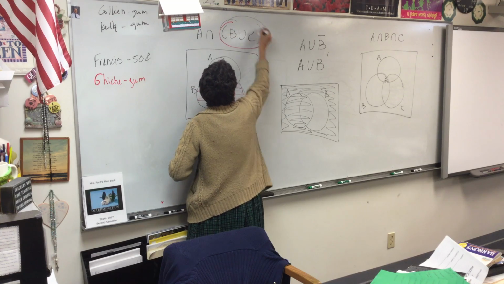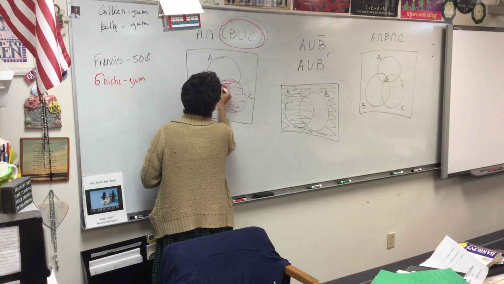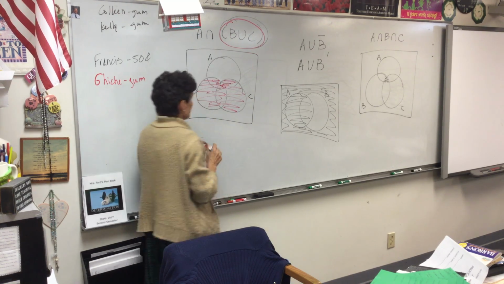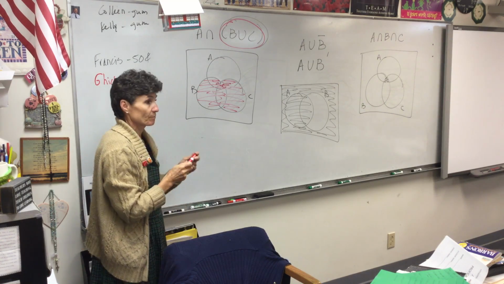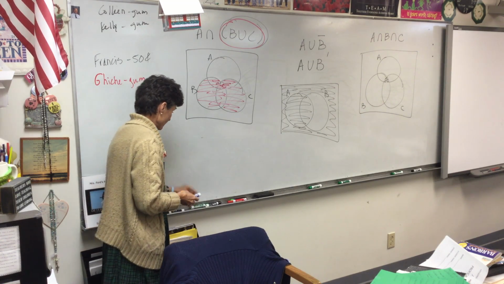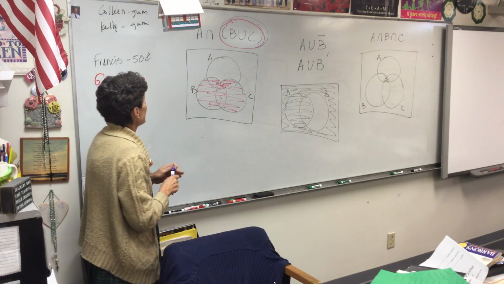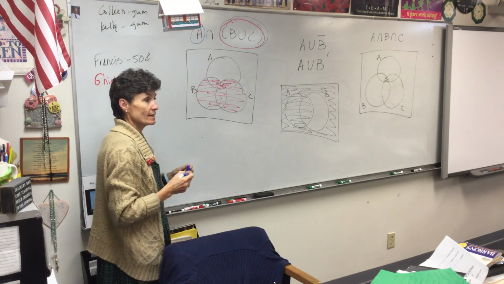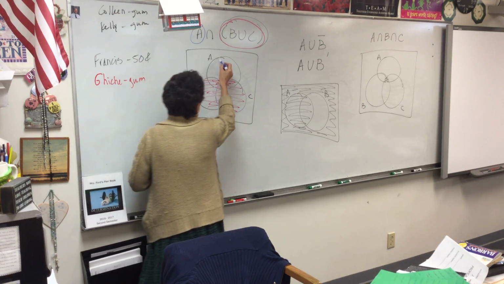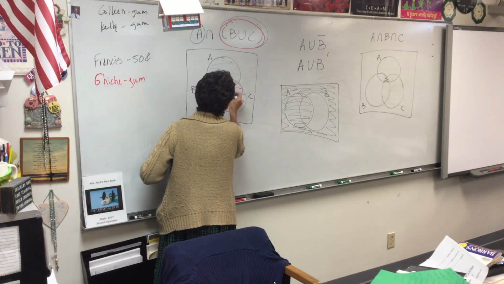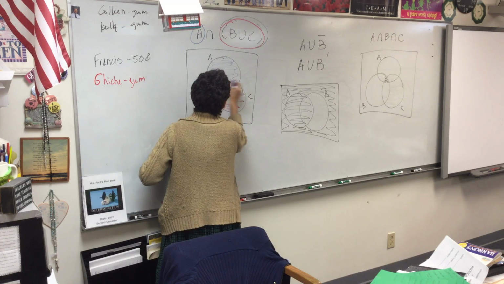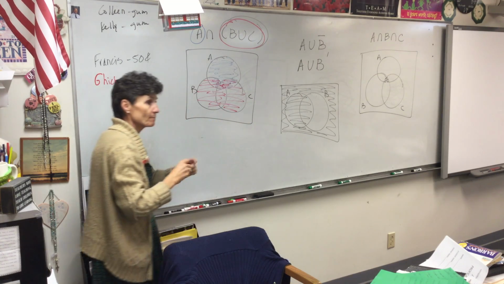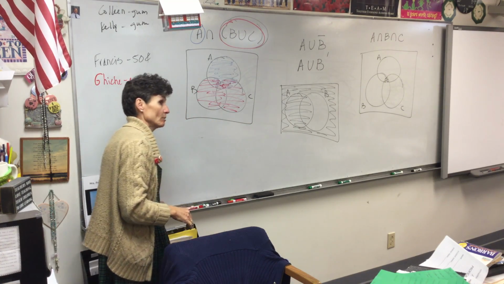Would you agree that I have colored in B or C? Okay. Now, what does this say? Everything in A. So everything in A would be this. Would you agree with that? Now I'm going to do my answer.